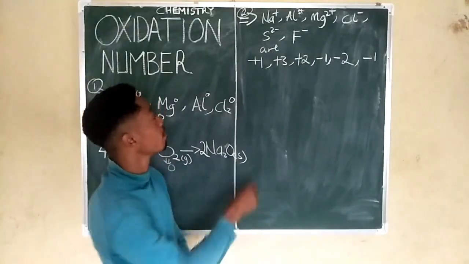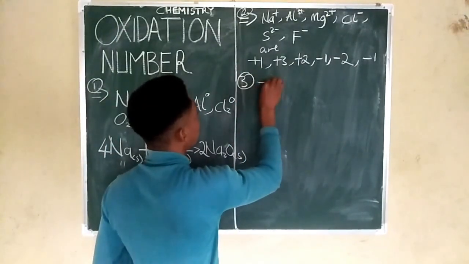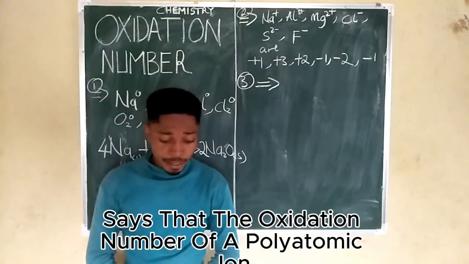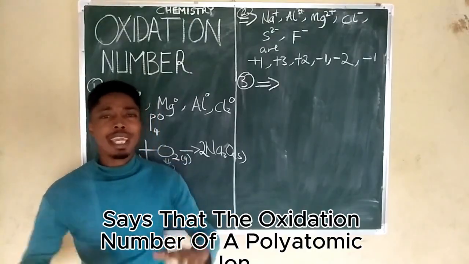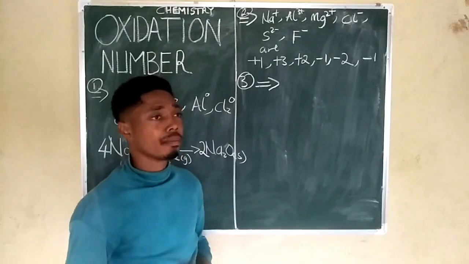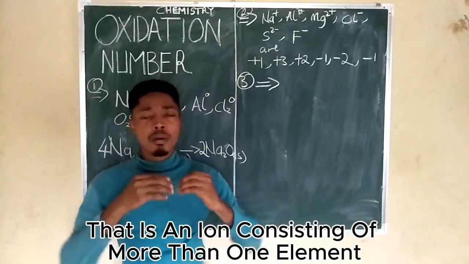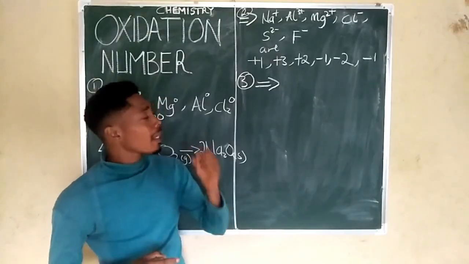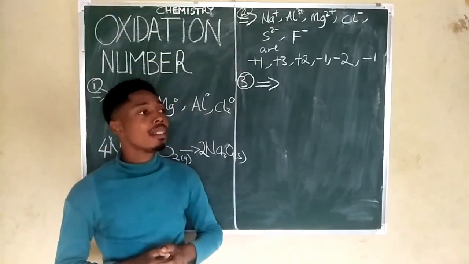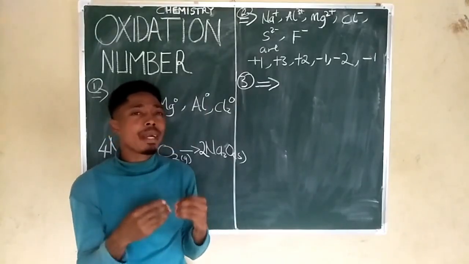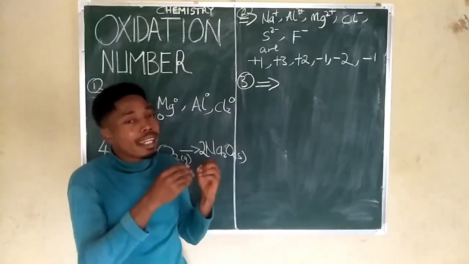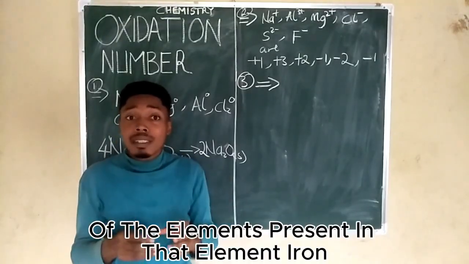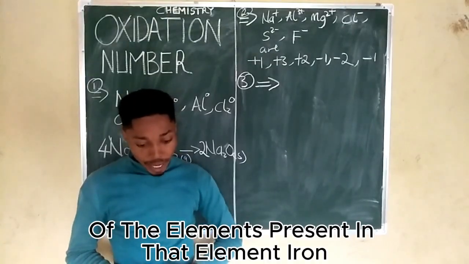Rule number 3 says that the oxidation number of a polyatomic ion, that is an ion consisting of more than one element, is the algebraic sum of the oxidation numbers of the elements present in that ion.